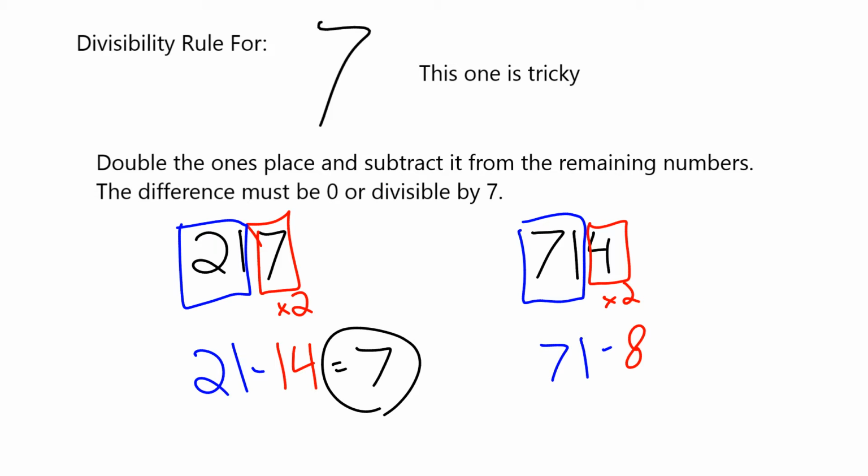What is 71 minus 8? It's 63, a number that is divisible by 7. So 714 must be too. Don't worry if you can't remember this trick. You can always use a calculator to test as well.